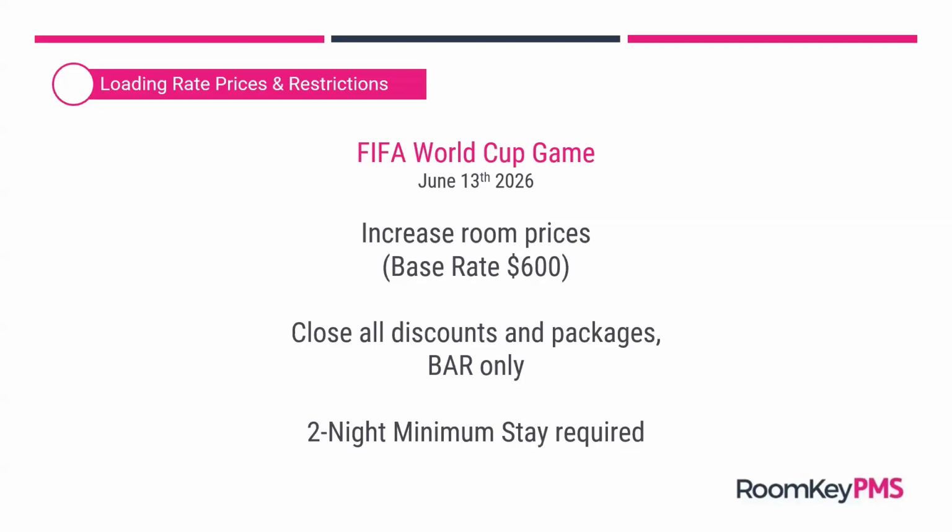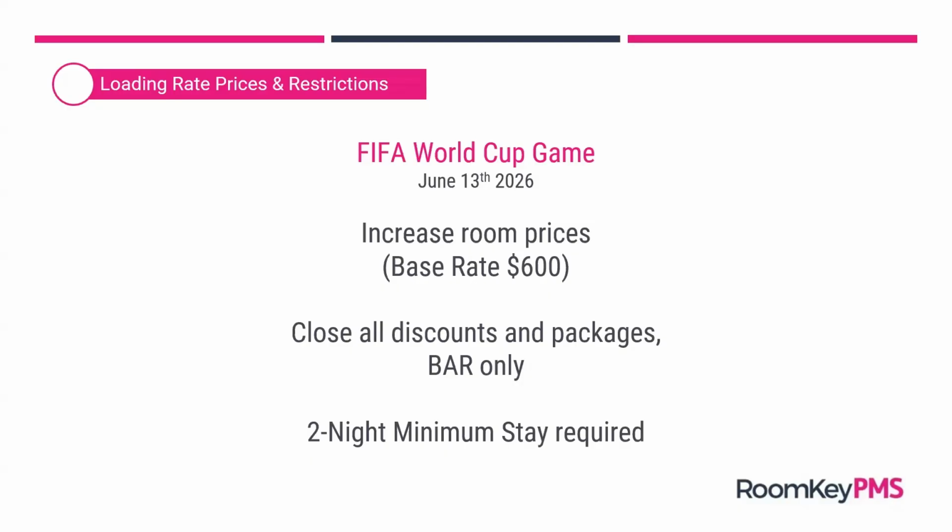So the first thing that I want to make sure is that I'm increasing my room prices. I want to increase that base rate up to $600. I know it's going to be high occupancy, so I want to maximize my revenue potential there by increasing my rate prices. The other thing that I want to do is close out all of my discounts and packages.